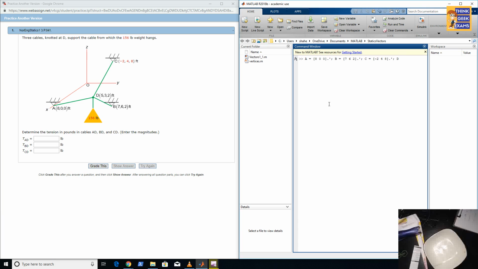And D is 532, and make that into a column vector. So now all 4 points are shown. Weight is not shown. The weight is 0, 0, minus 156, and make that into a column vector.